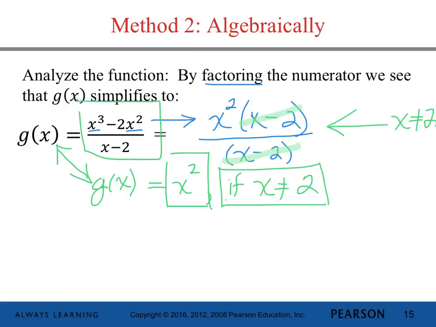And it's important that we make that restriction, because then I believe you would realize at this point that we've actually already done the limit as x approaches 2 of x squared. And the table that we looked at just a minute ago actually matches the table that you took earlier in your notes. So this would have been an easier table to make, and that would have been an easier graph to make.